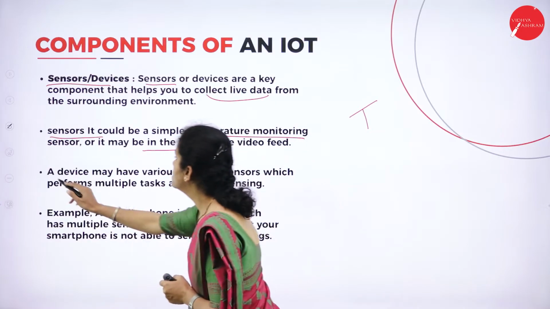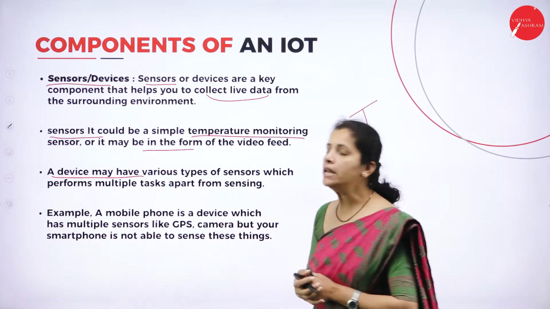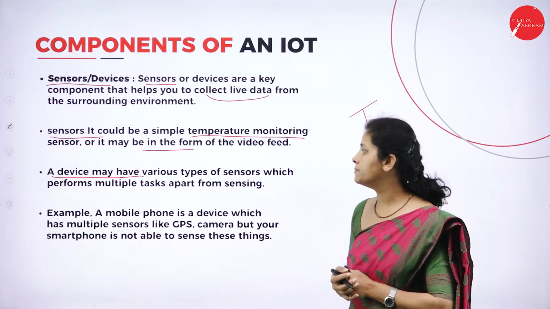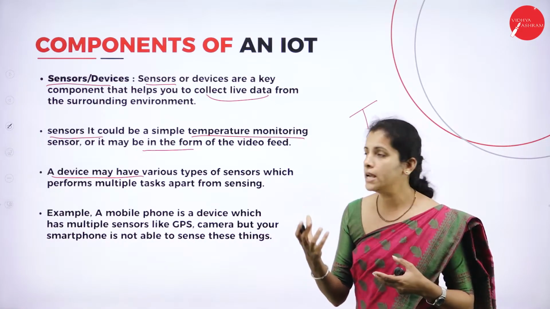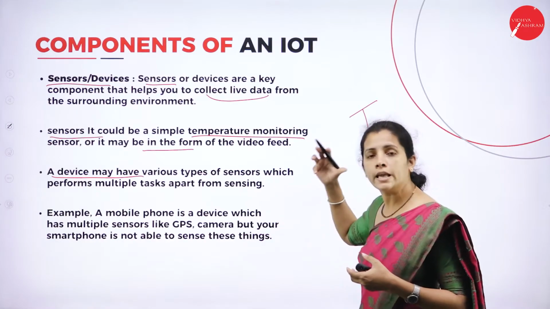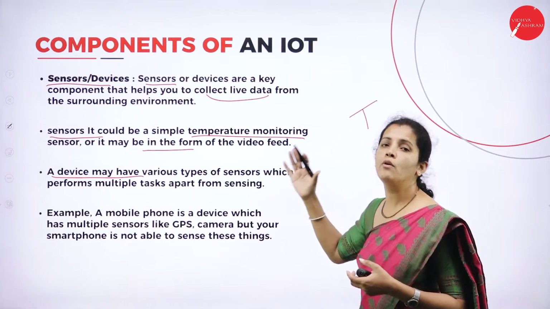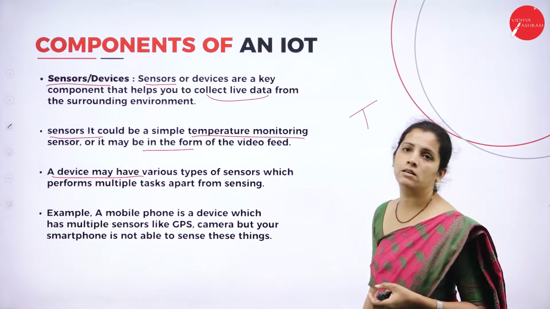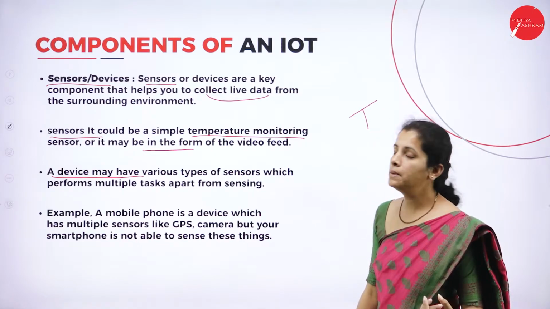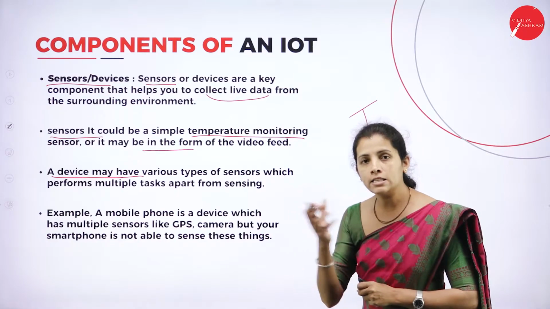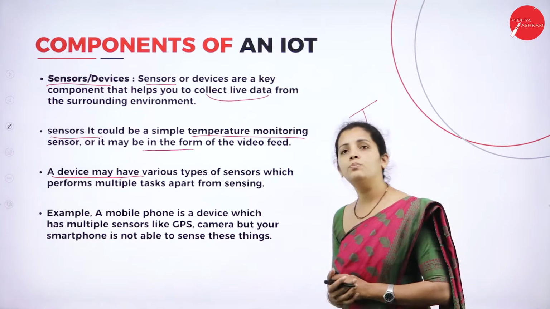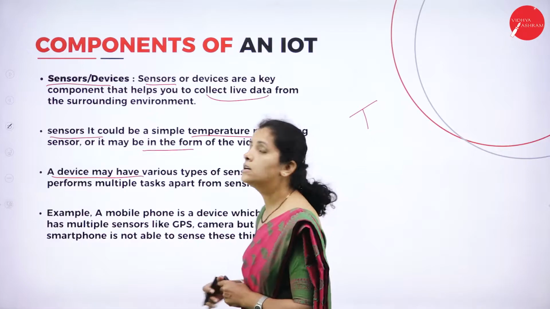A device may have various types of sensors. That means a device can have various types of sensors. Even they can perform multiple tasks apart from sensing. That means the job of the sensor is not only sensing, it can also perform different tasks.